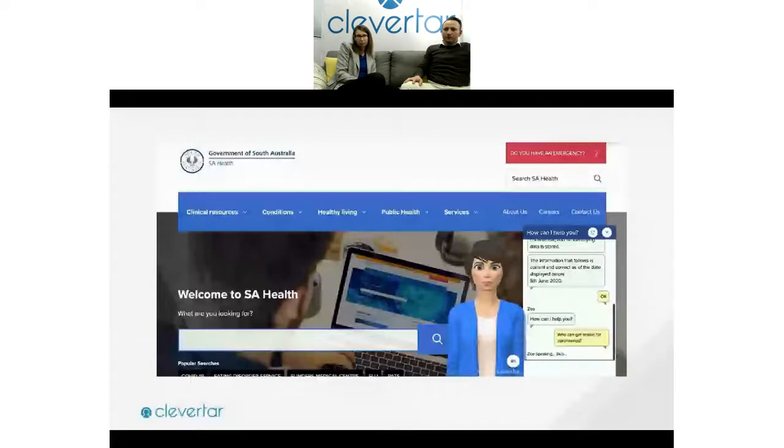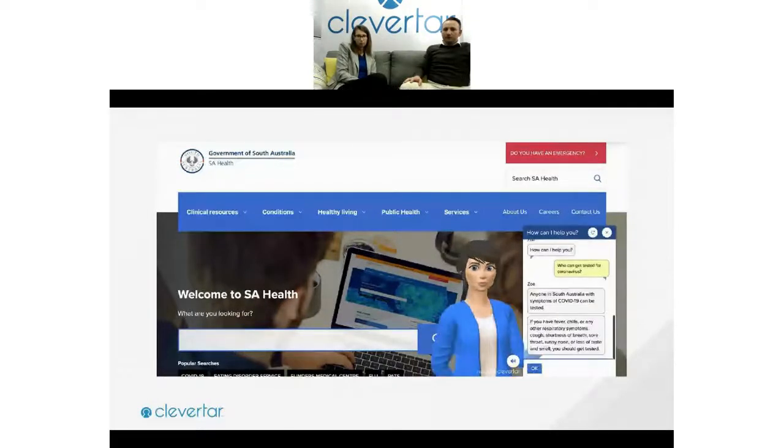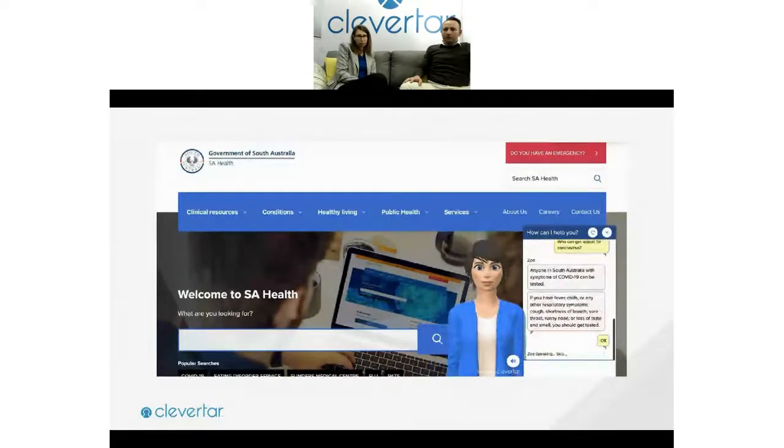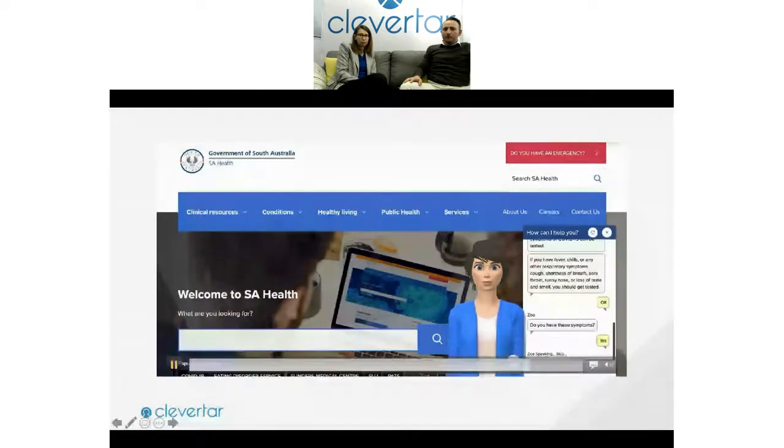Anyone in South Australia with symptoms of COVID-19 can be tested. If you have fever, chills, or any other respiratory symptoms, cough, shortness of breath, sore throat, runny nose, or loss of taste and smell, you should get tested. Do you have these symptoms? Contact your GP about getting tested for COVID-19. Your GP clinic will ask you about your symptoms to determine if you need to be tested. If you do qualify for a test, your doctor will give you instructions on what to do.